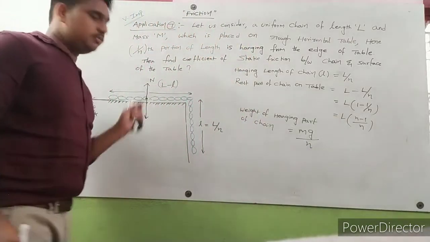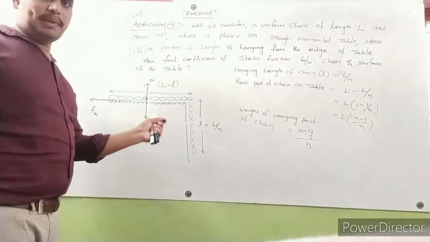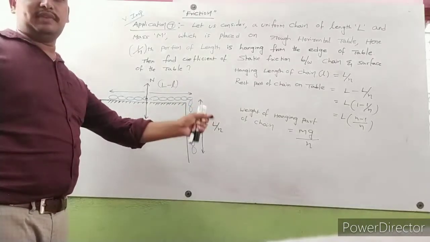The total weight is mg, so the m by nth portion is hanging.